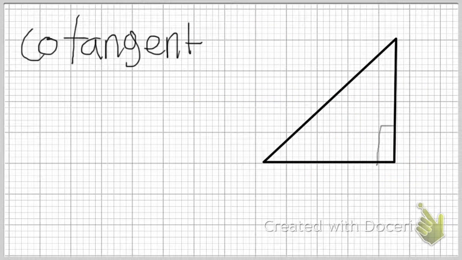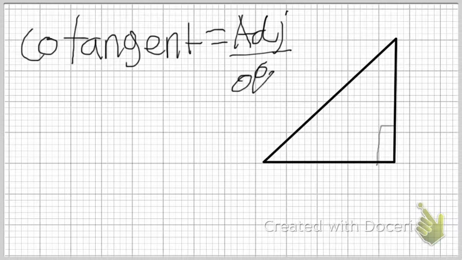Now for cotangent. Cotangent equals 1 over tangent, which would be adjacent over opposite. So this side over here is adjacent, and this side is opposite.